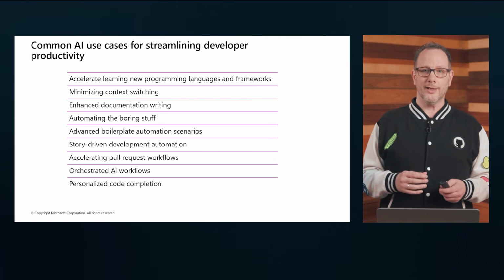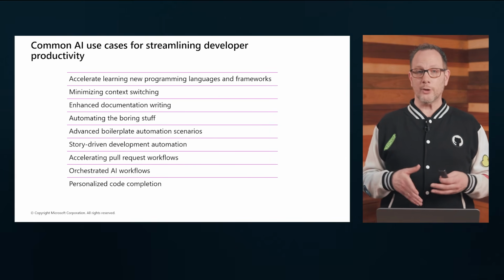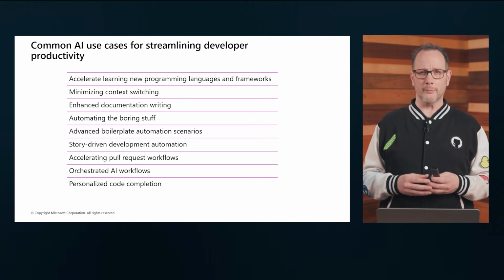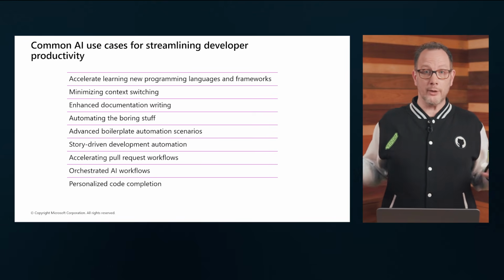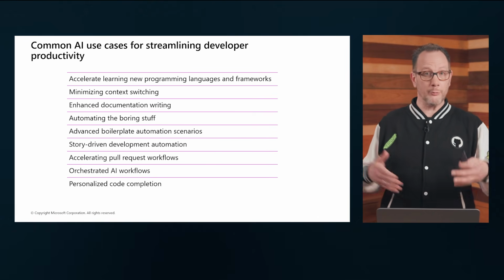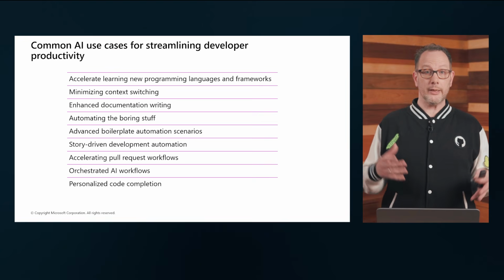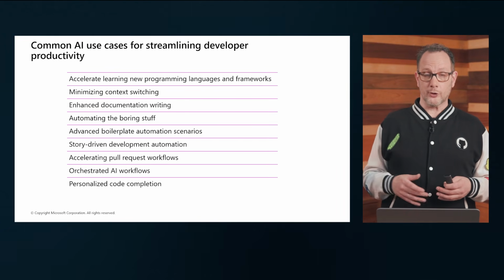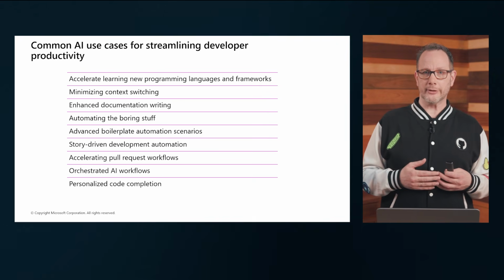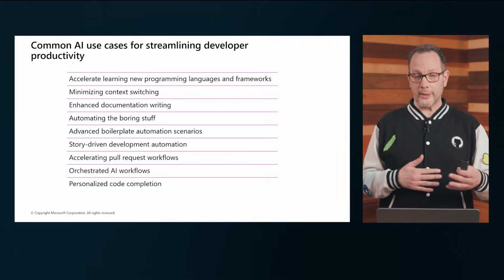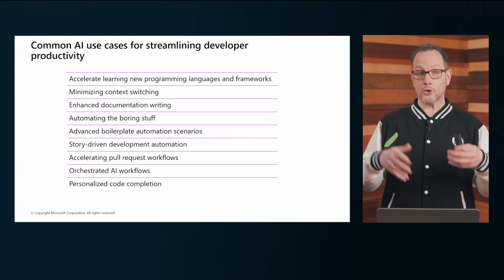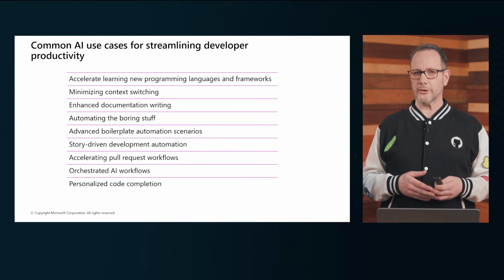Another big benefit is that GitHub Copilot can take over those repetitive or boring tasks as part of your development, such as generating boilerplate code, scaffolding projects, or drafting initial versions of documentation. And then there's obviously also way more advanced uses, like accelerating pull request workflows by becoming a reviewer or designing story-driven development tasks.